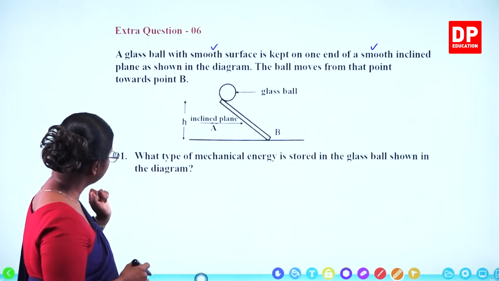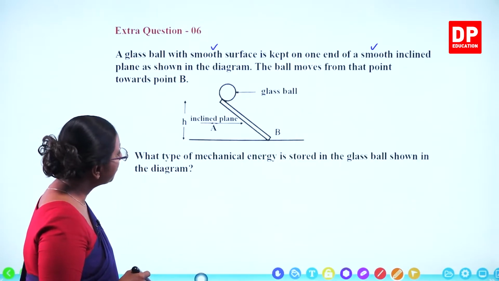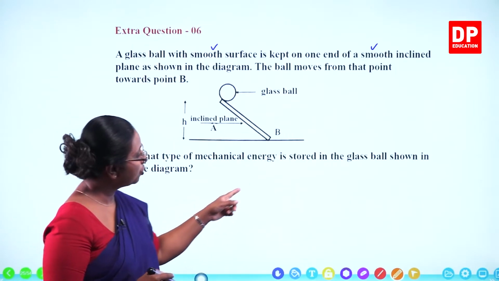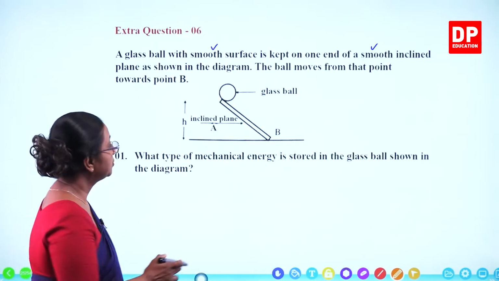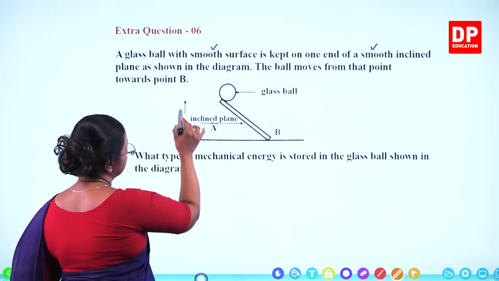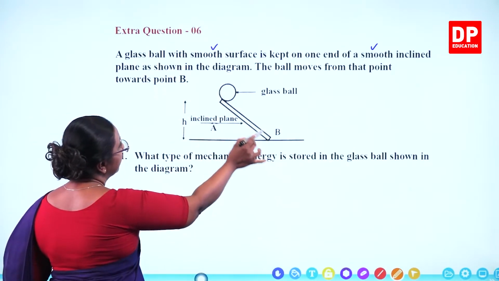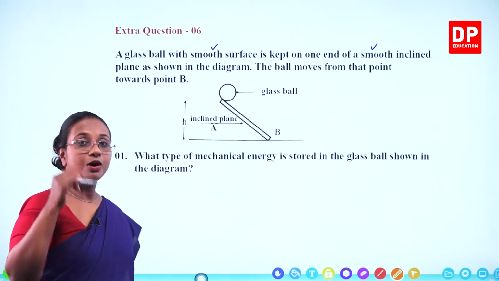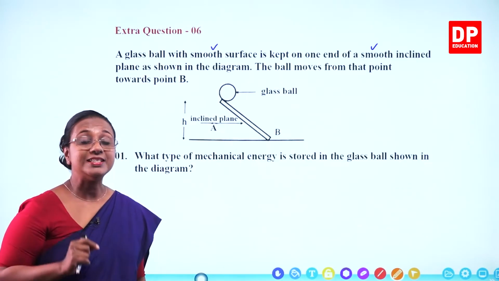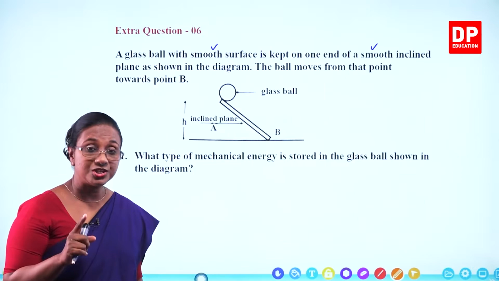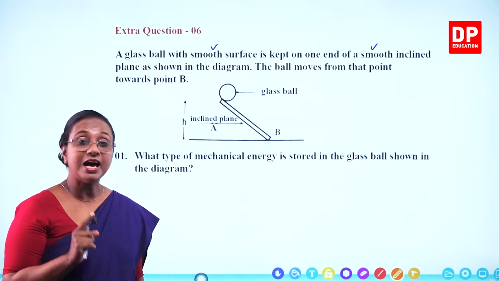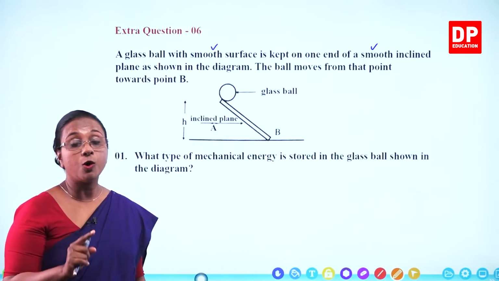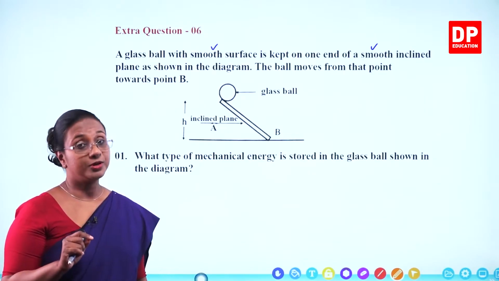If we look at the questions, what type of mechanical energy is stored in the glass ball shown in the diagram? So there, if it is at a height, now there's this vertical height and the inclined plane. At the top of the inclined plane, what is the energy stored? It is potential energy, and also because it is work done against the gravity, we call it gravitational potential energy.